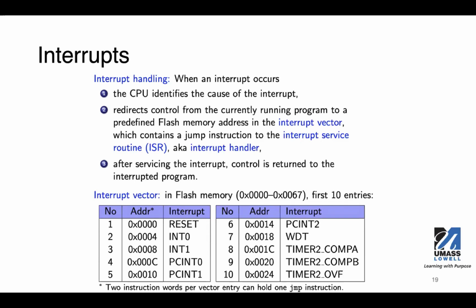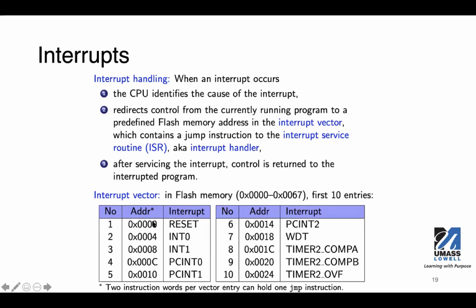And you can see the first interrupt, reset interrupt, corresponding to address 0000, and then the second interrupt INT0 that corresponds to address 0004. So every interrupt type corresponds to an address, and these addresses are 4 bytes apart.